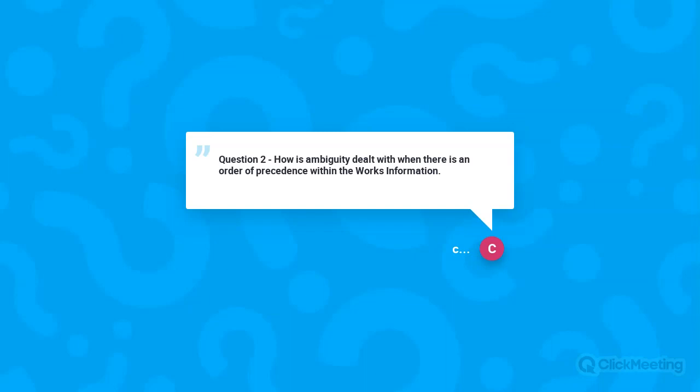Well, you've got the works information saying you've got an order of precedence, but you've got a clause in the contract that says it's dealt with in the contractor's favour. So you've got a muddle. You need to look at whether the Z clauses have been amended to say there's an order of precedence.